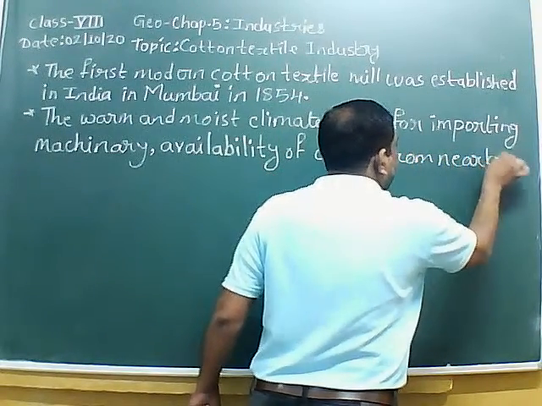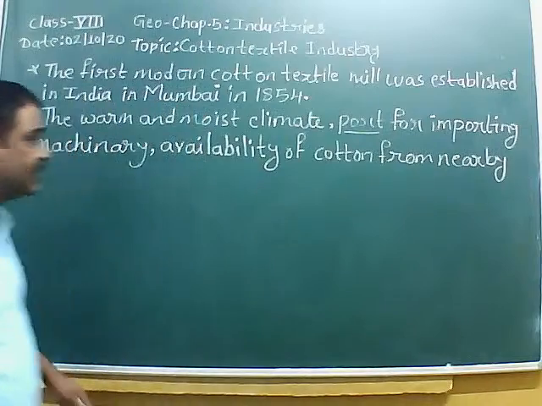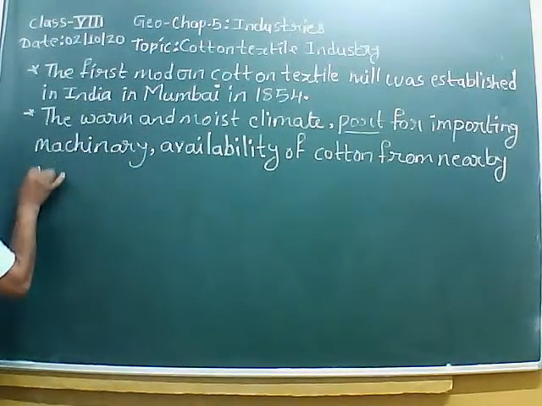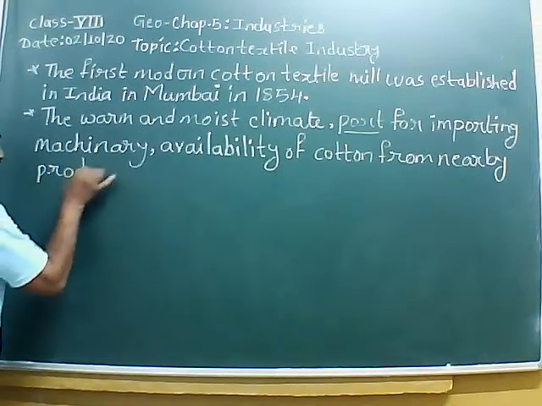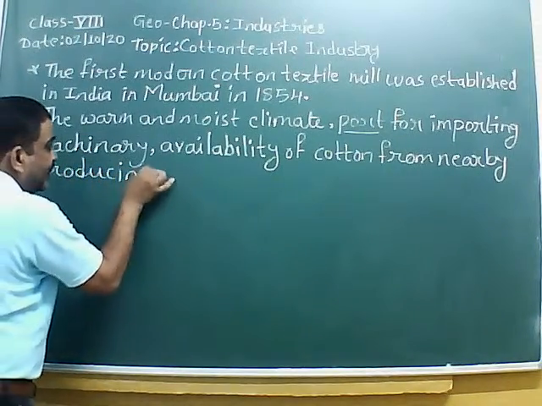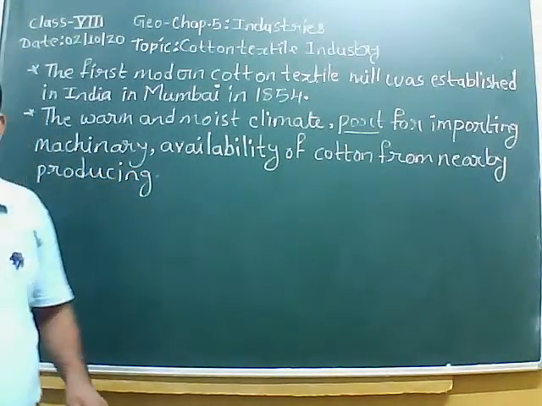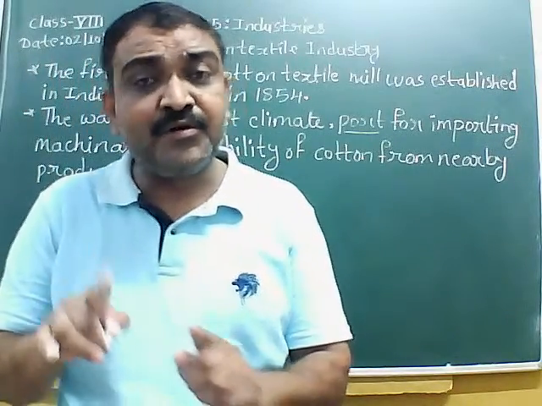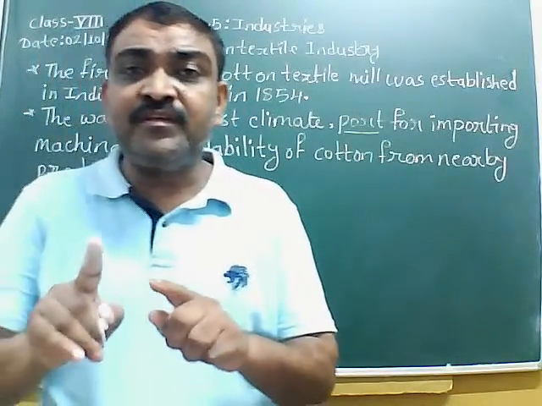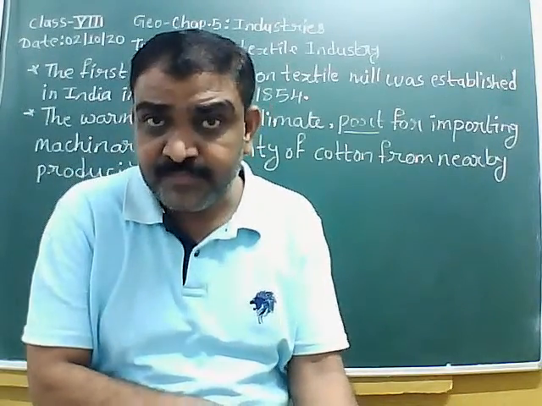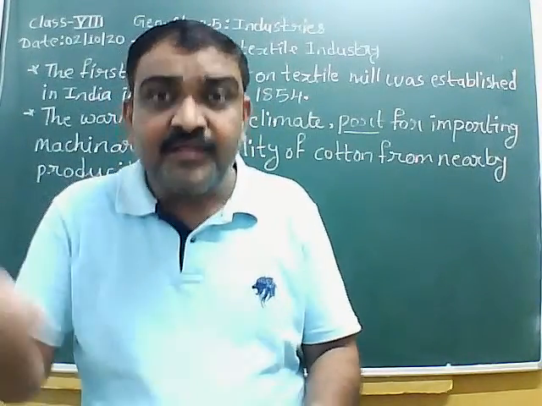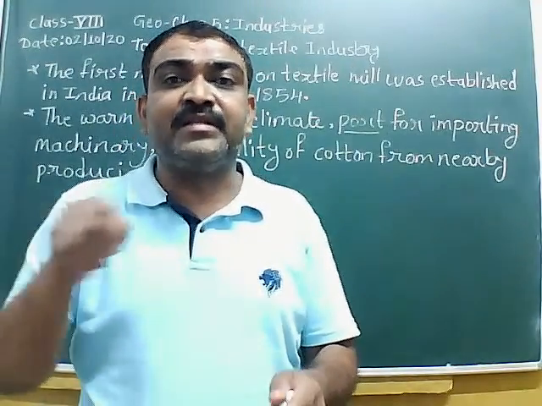I am again repeating, the third advantage is the availability of cotton from the nearby producing region. Okay, now the area in and around Mumbai, in both the states of Maharashtra, Gujarat and the surrounding area of Madhya Pradesh.